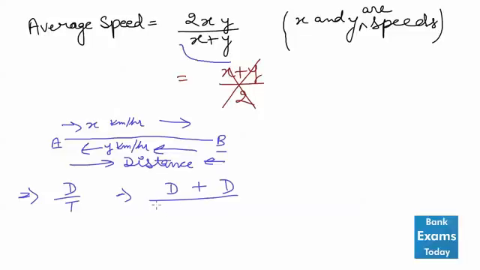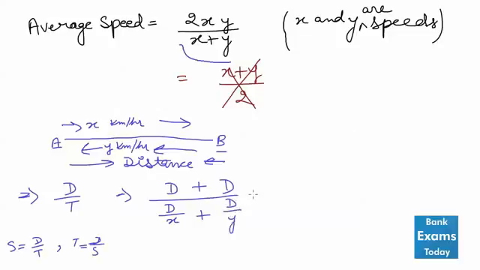And what is the time taken? The formula to calculate time is, if speed is equal to distance over time, then time taken is equal to distance over speed. So the time taken is D over x plus D over y.